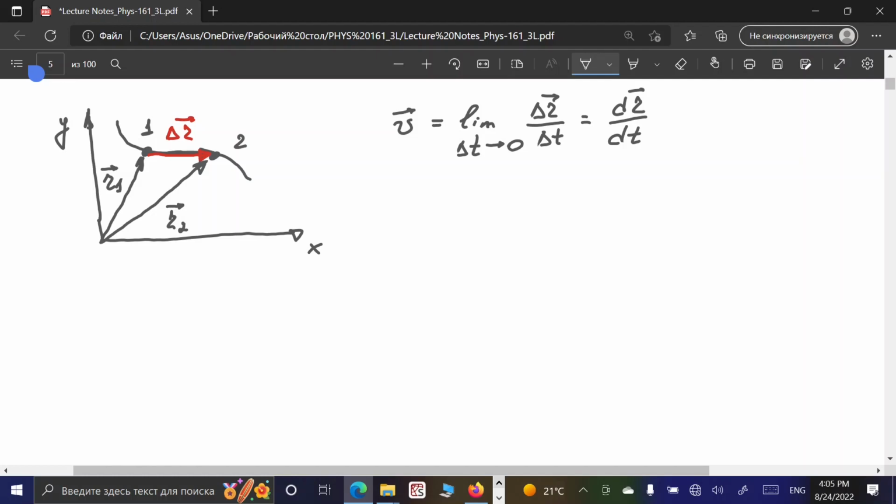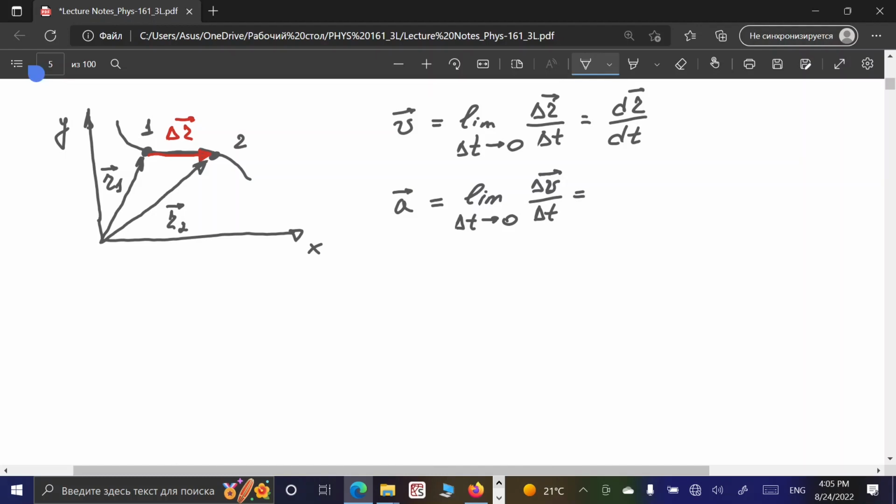We also need to introduce another important parameter, which is instantaneous acceleration. So the a vector is equal to the limit as delta t approaches 0 of the delta v vector divided by delta t.